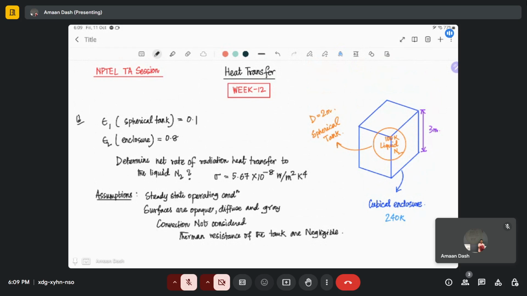And you can take certain assumptions, like it's a steady state operating condition. So let me write those as well. Assumptions: one is steady state operating condition.